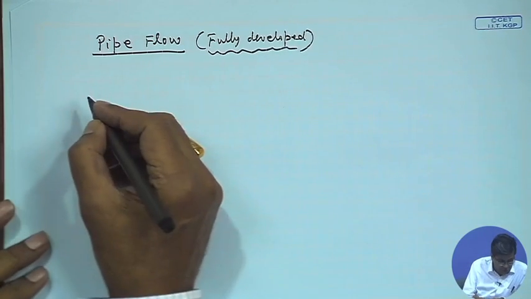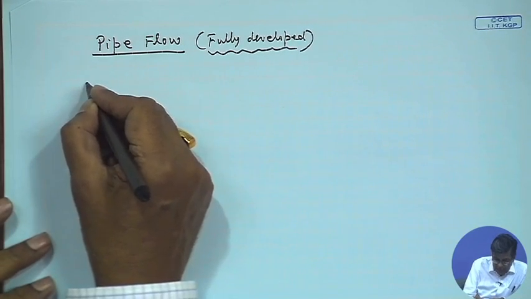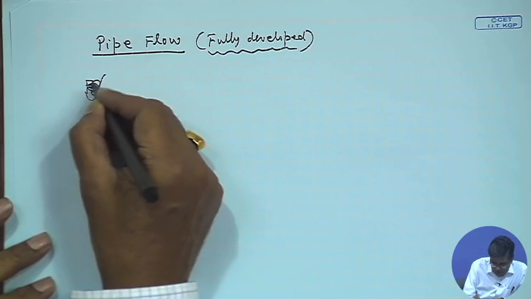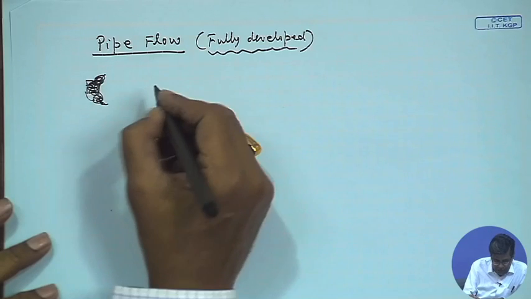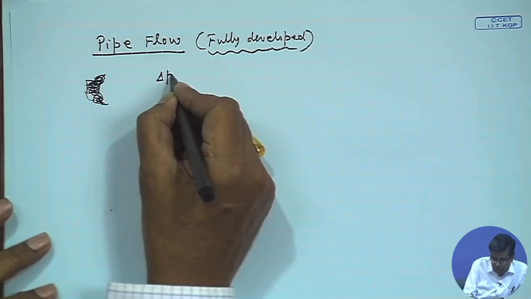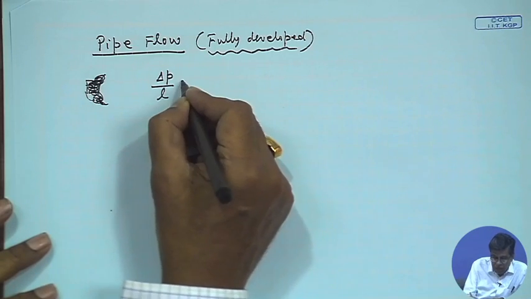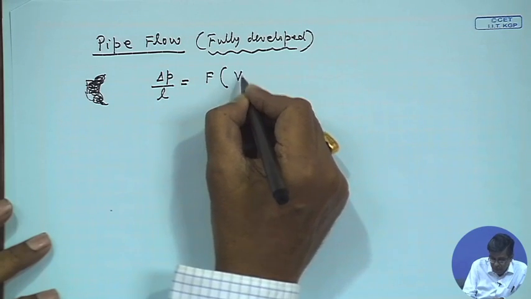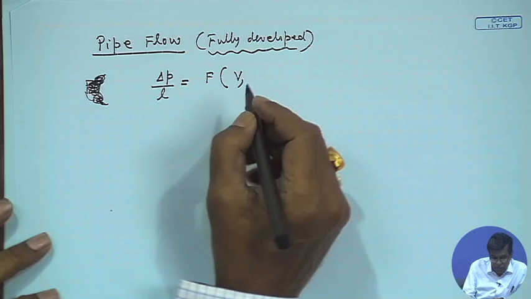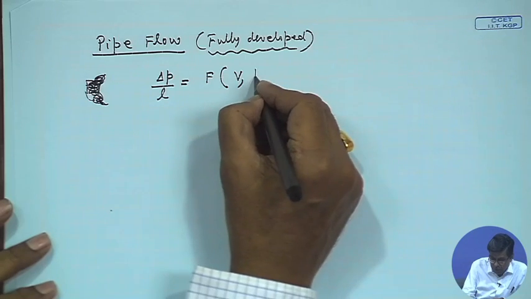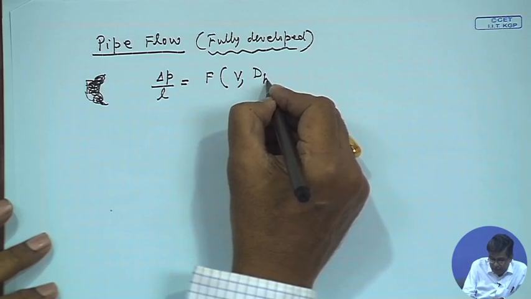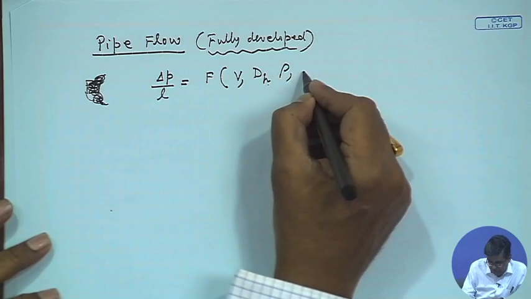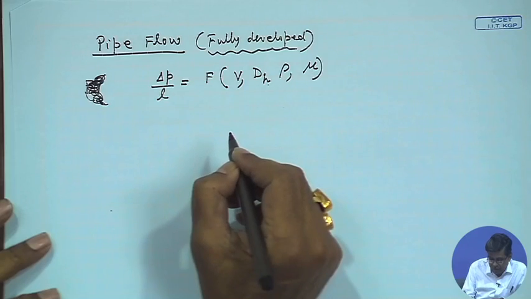For fully developed flow, we can express the problem this way, you will be able to understand it better: in a fully developed pipe flow, the pressure drop per unit length of the pipe is usually a function of some characteristic velocity of flow, some characteristic dimension of the pipe which we call the hydraulic diameter, and the density of the fluid as its property and the viscosity.